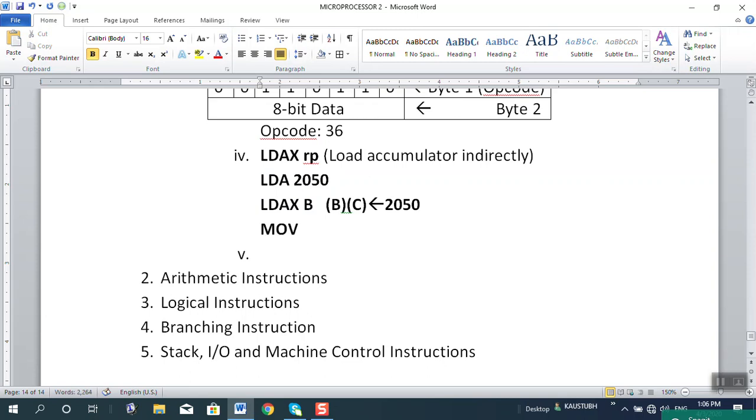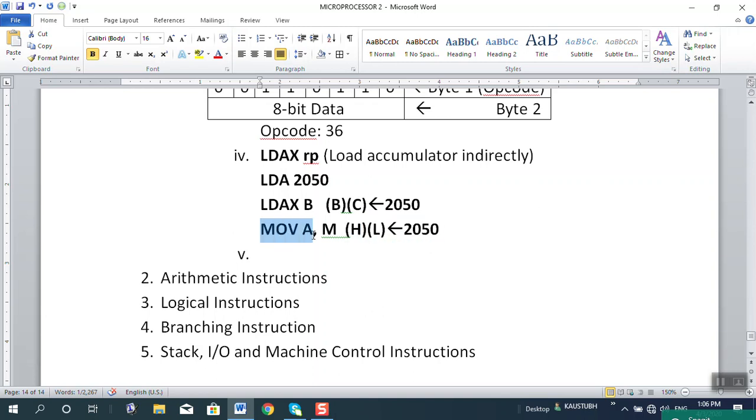Also, MOV A, M. So what is M? M is the memory location whose address is in the HL register pair. Suppose in your HL, 2050 is there. That means 50 is in L, 20 is in H. That means HL has the address 2050.